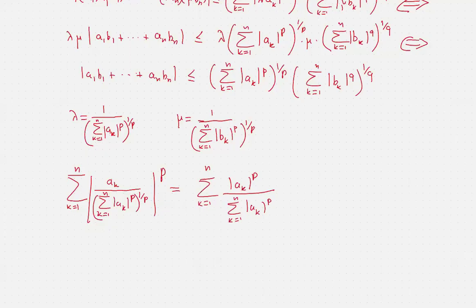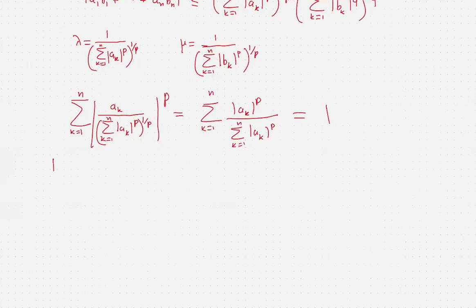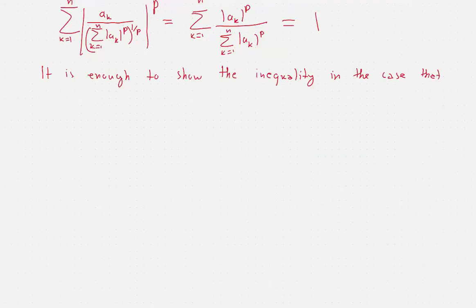So this tells you that it is enough to show the inequality in the case that the sum from k equals 1 to n of |ak|^p is equal to 1, and the sum from k equals 1 to n of |bk|^q is equal to 1.